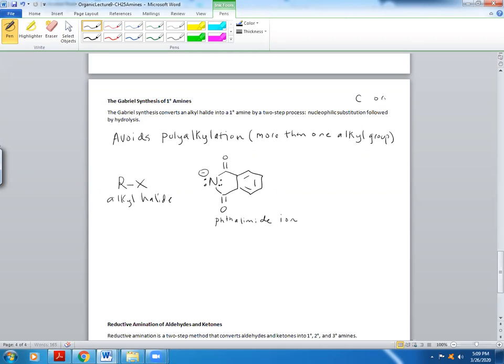So notice here it is. It's nucleophilic. So what does it do? It attacks the R group, kicking out the X.